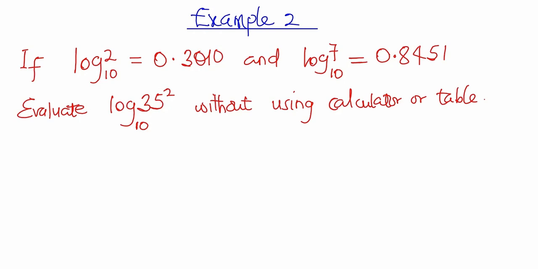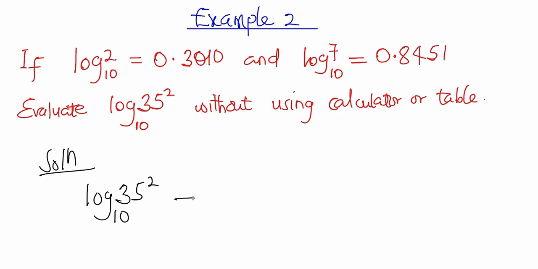Now remember that when we are solving questions on substitution in logarithm, what we have to do is consider the given logarithm. The given logarithm we are solving now is the logarithm of 35 exponent 2 base 10. This given logarithm should be one that can be expressed as a product of two or more numbers, a quotient of two or more numbers, or a base and exponent.